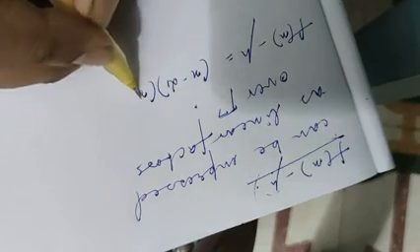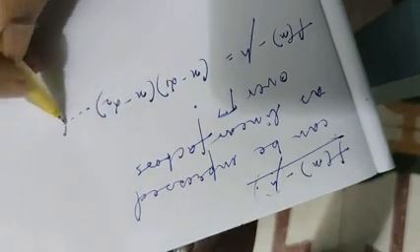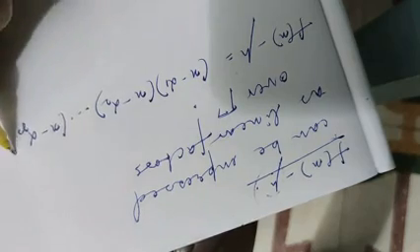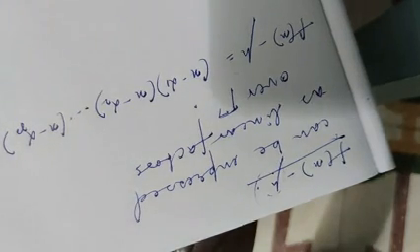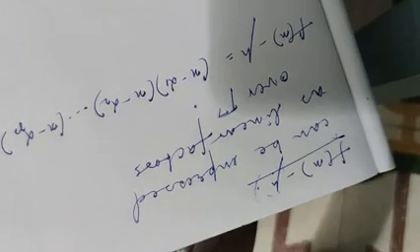We can write it. So let f(x) minus mu be written as some a into x minus alpha 1 into x minus alpha 2 up to x minus alpha r. We don't know its order, so taking alpha r.